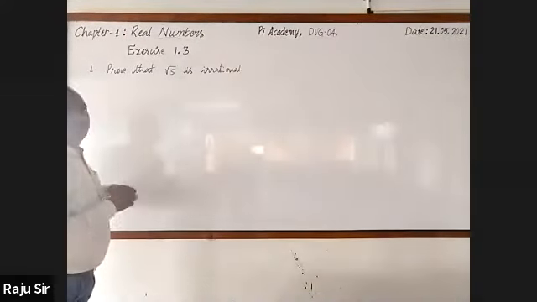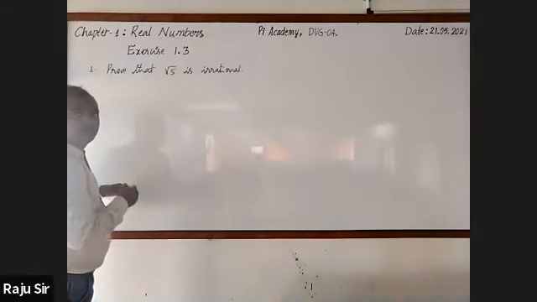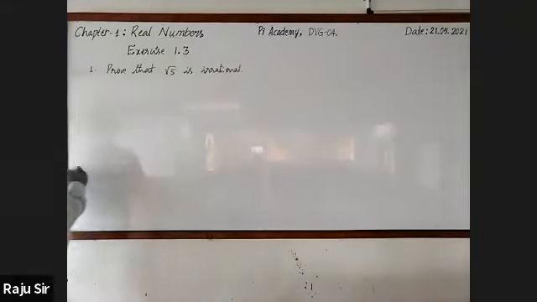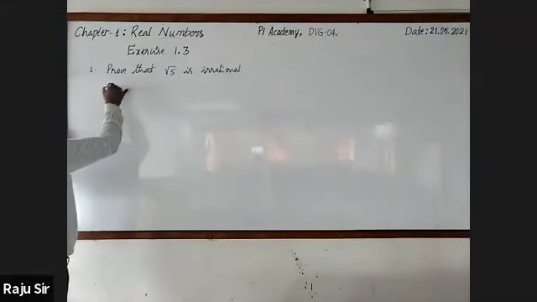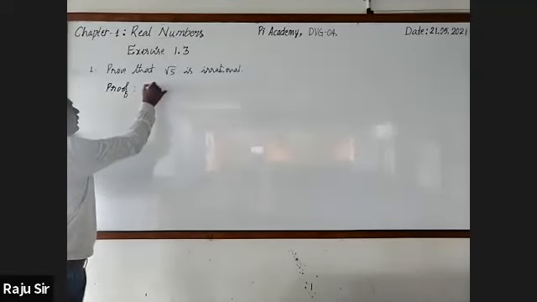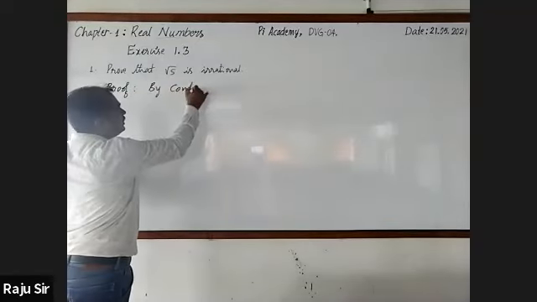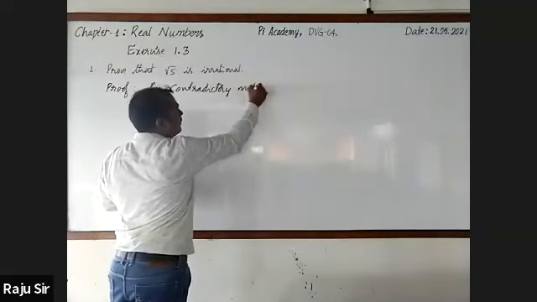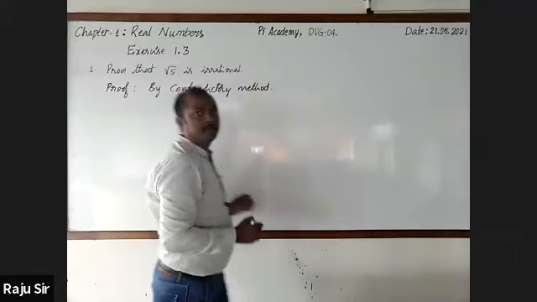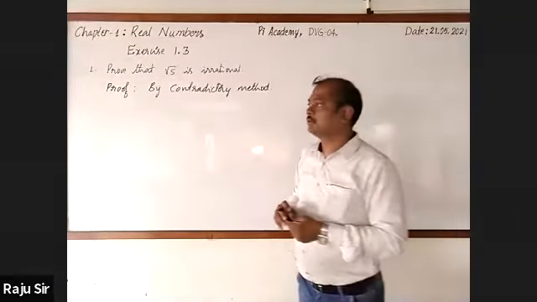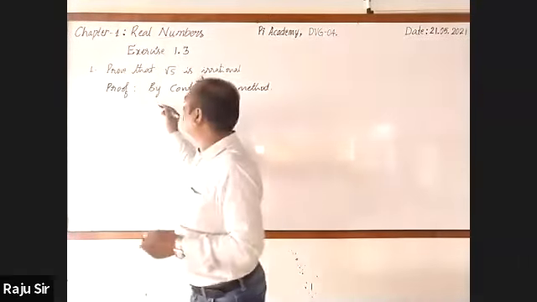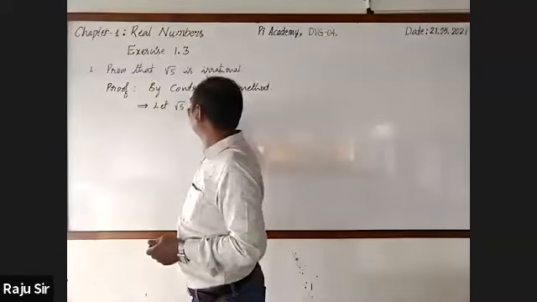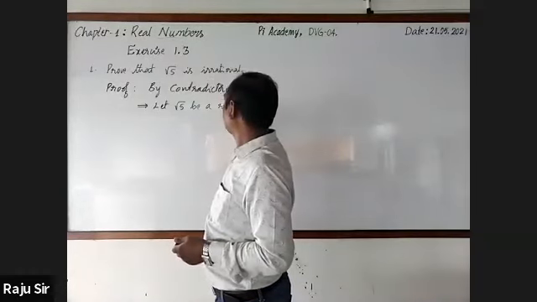Yes, start writing. Prove by contradiction method. Put the imply symbol. Let root 5 be a rational number.